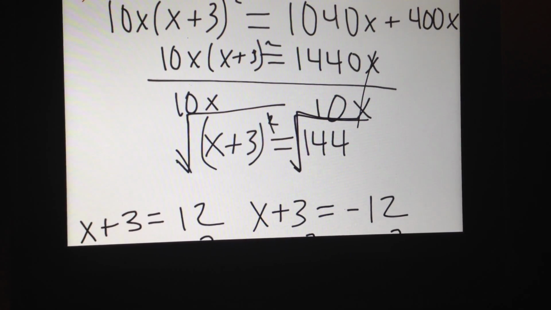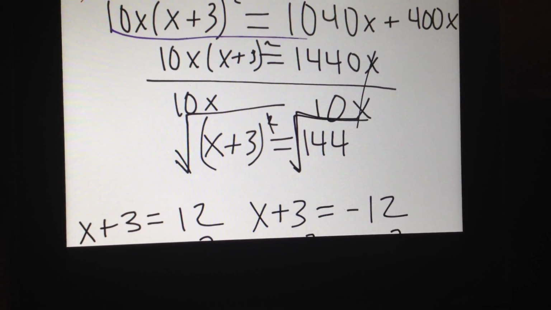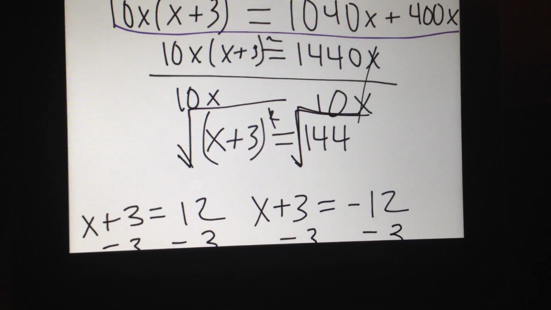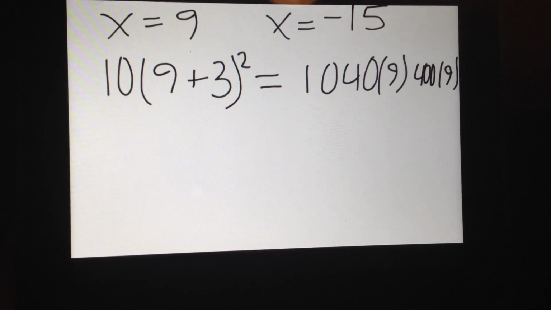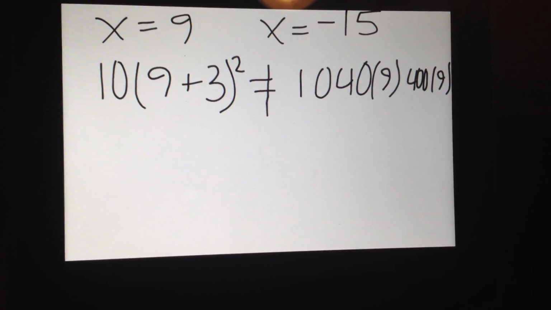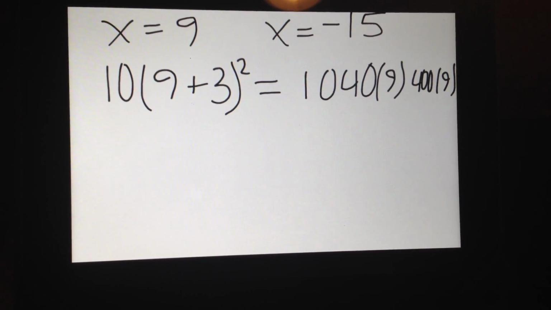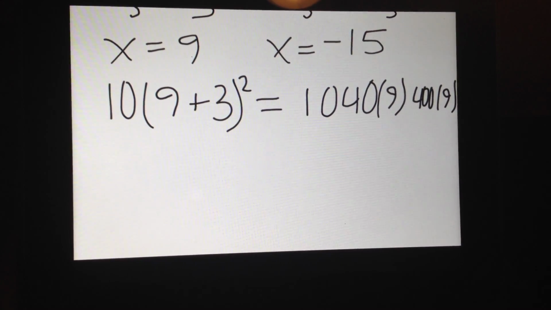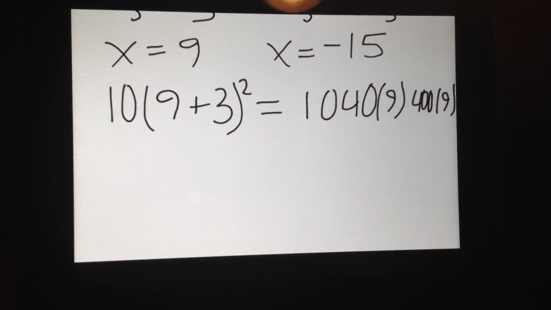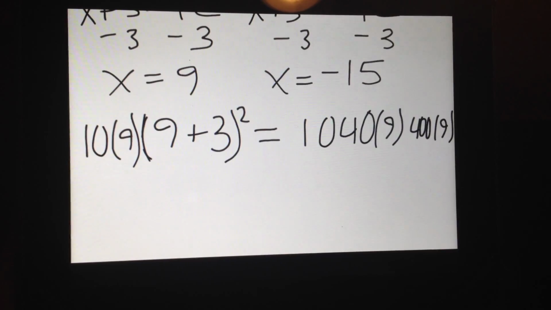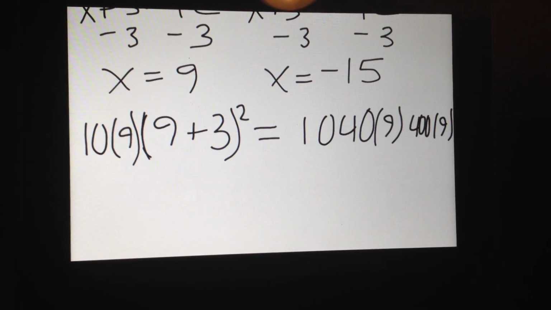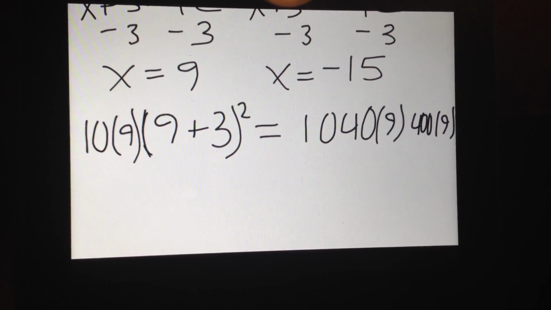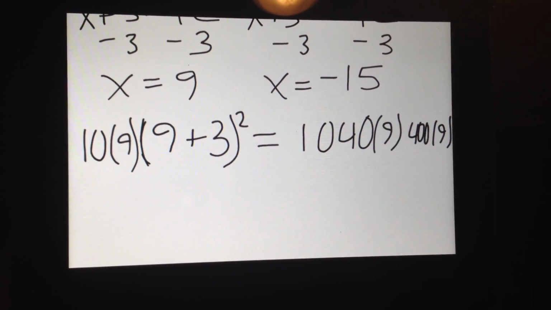This equation right here. So I'm going to put it down here. First I'm going to do the 9. 10 times 9 plus 3 squared ends up equaling, make sure you put 9 where all the x's are in the equation. See, I forgot to put this 9 right here.